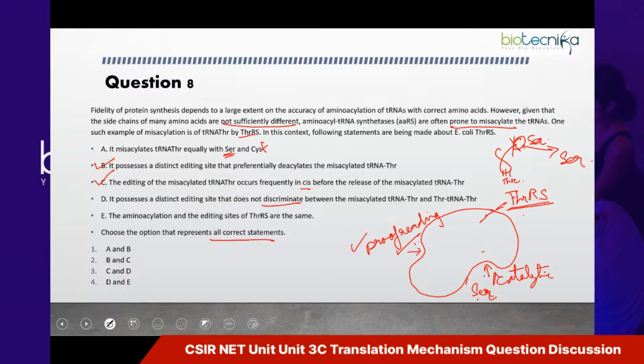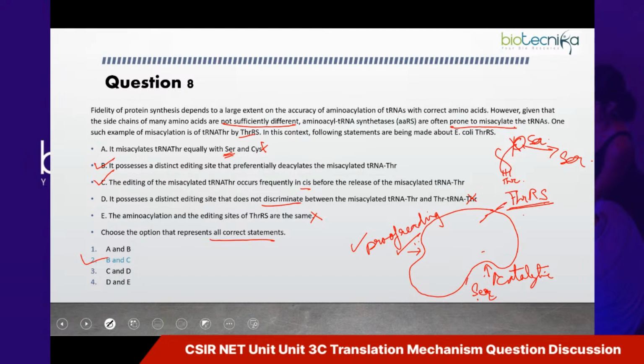Now E: the aminoacylation and the editing site of the aminoacyl tRNA synthetase are the same. That is also wrong. It is not the same, it is different. So which will be the correct combination? B and C.